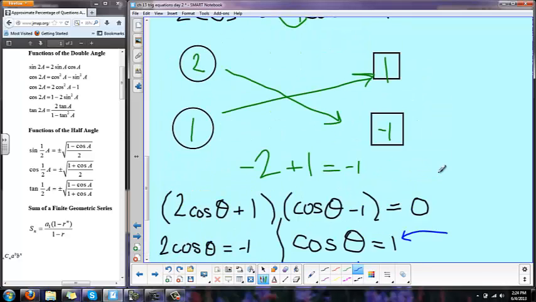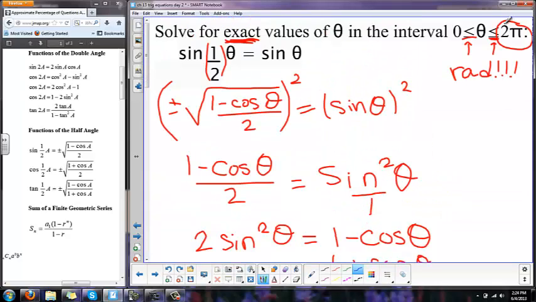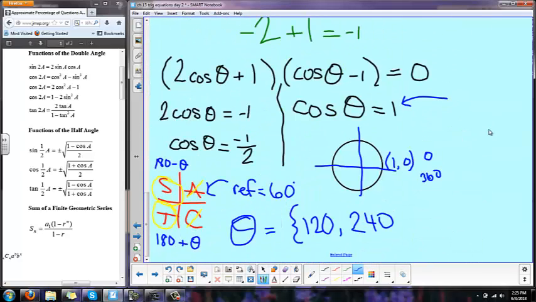And because when we look all the way up here at the top of our question, it was theta is greater than or equal to 0 and less than or equal to 2 pi, that means that we could include both of those in our answers. So you need 0 and you need 360.